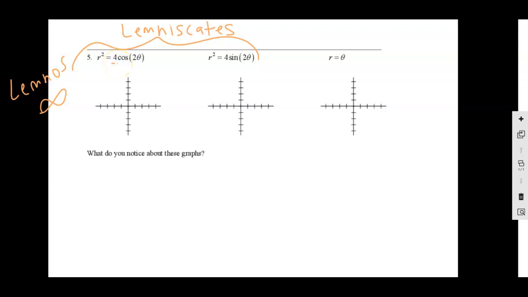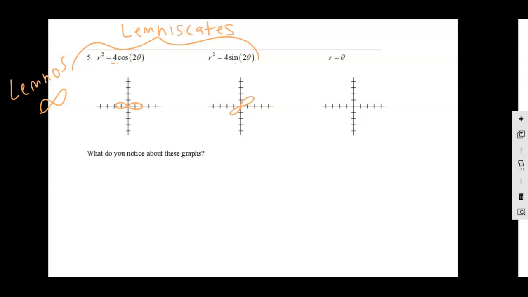The square root of 4 tells me it's going to go to 2, and then on the other side, and so it ends up looking like an infinity sign. With the sine it's diagonal. So that's how we end up getting the Rose curves with only 2 petals. They're technically lemniscates. They look like infinity signs, hence the name lemniscates, based on the word lemnos, which means infinity.